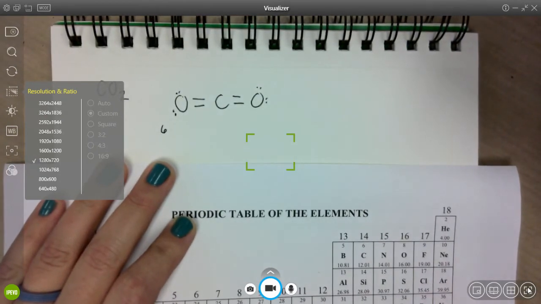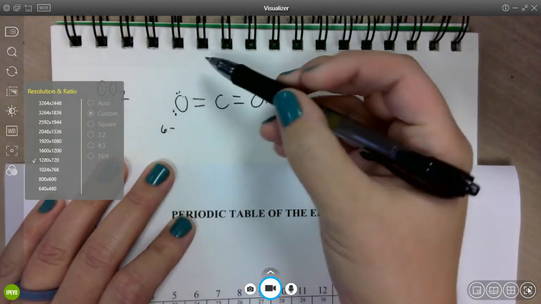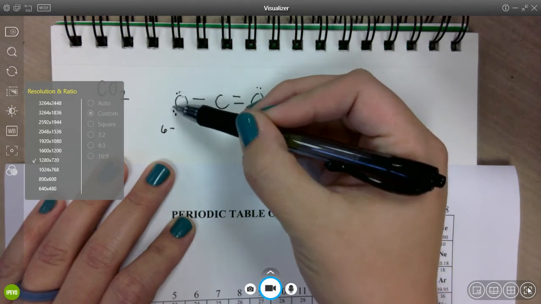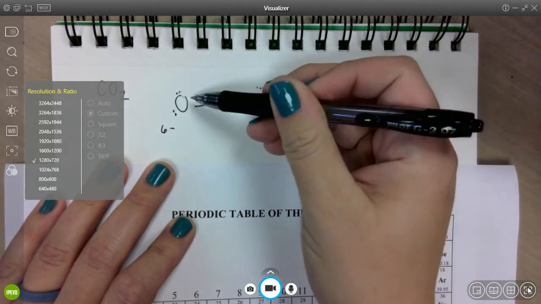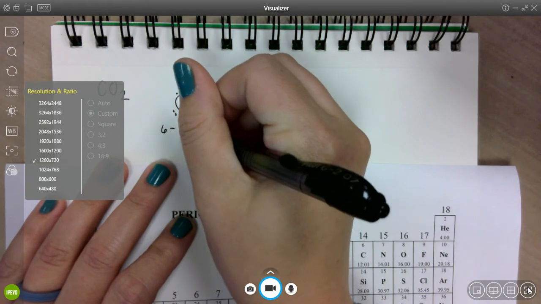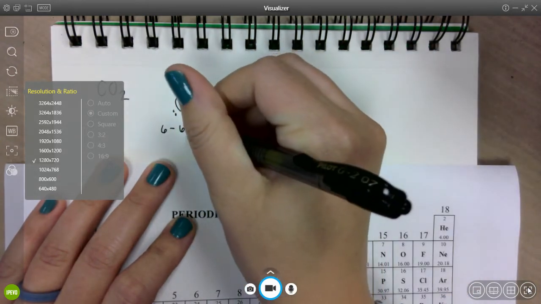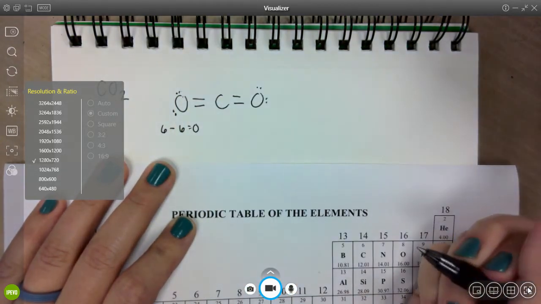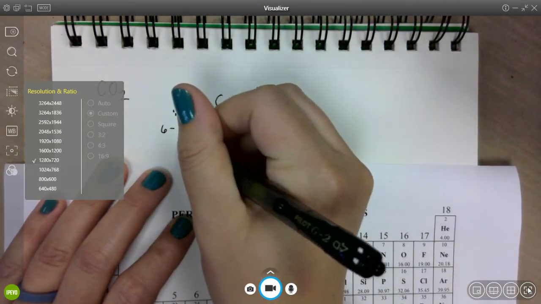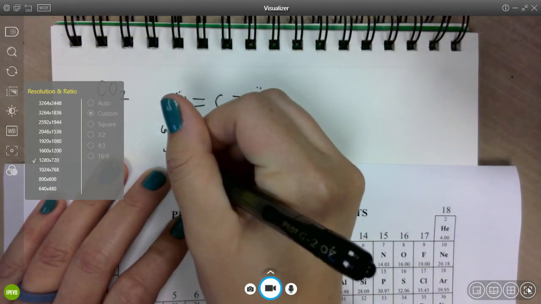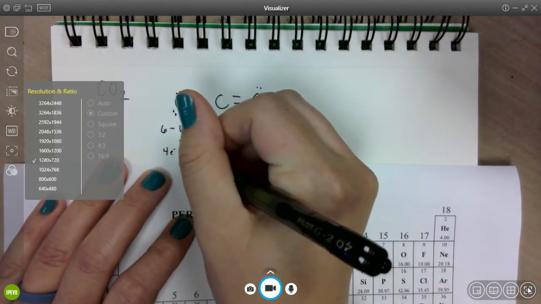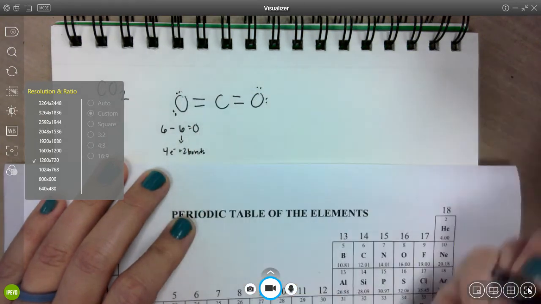Then what I do is I subtract 1 number for every dot and 1 for every bond that's drawn in there. So if I look for my oxygen, I have 1, 2, 3, 4 dots and then 2 bonds. So I'm going to take away a total of 6 and I will end up with a formal charge of 0. So again, this 6 here comes from 4 electrons and then 2 bonds.